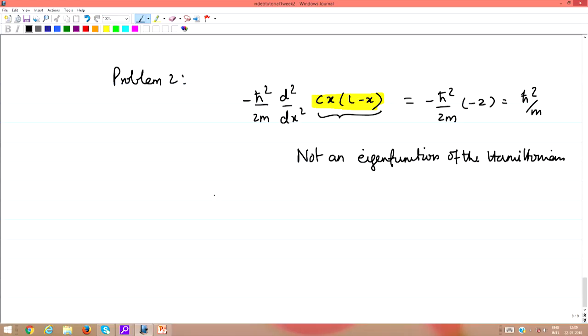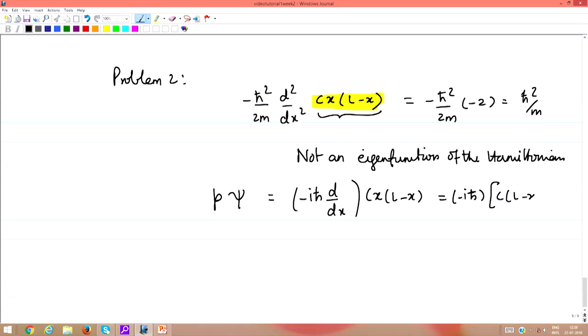Likewise, if you think about the momentum operator, minus i h bar d by dx, acting on C x into L minus x, it gives you the answer minus i h bar times C into L minus x if you differentiate the x, and if you differentiate L minus x you get a minus 1, then you get a minus C x.